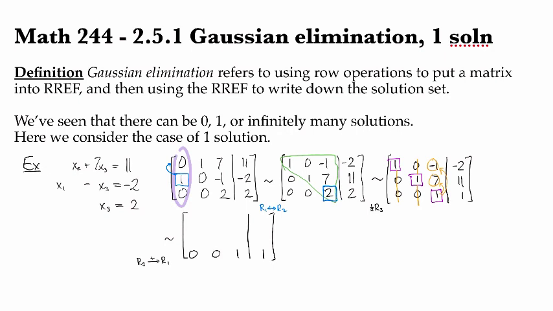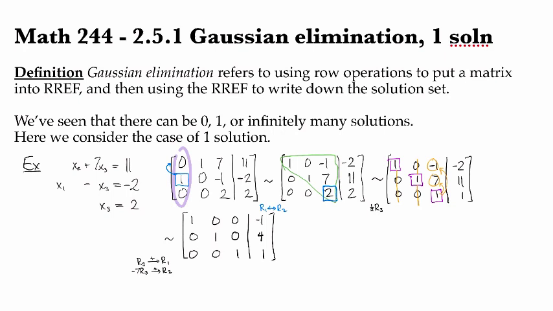And to get rid of that 7, I'm going to add minus 7 times row 3 to row 2. So let's see. That'll give me 1, 0, 0, and minus 1, and then 0, 1, and then when I subtract 7, I'm going to get a 0 here, and when I have 11 minus 7, I'm going to get a 4 here.